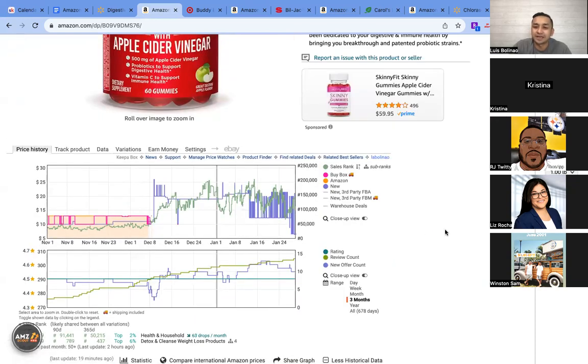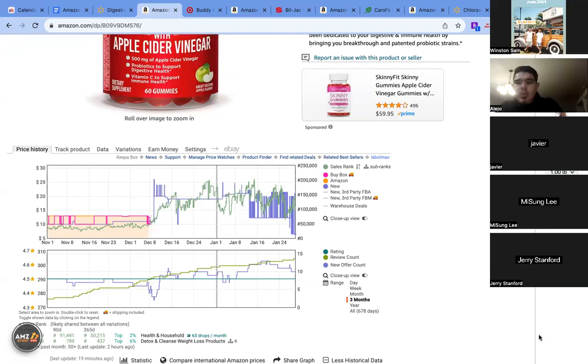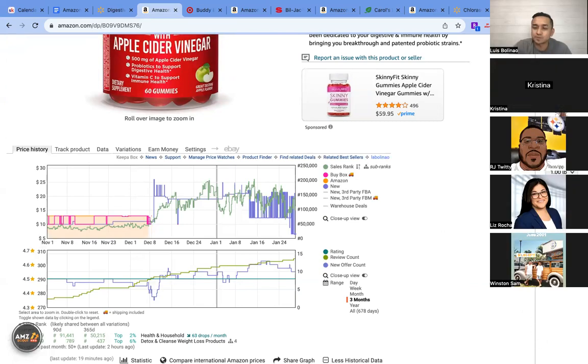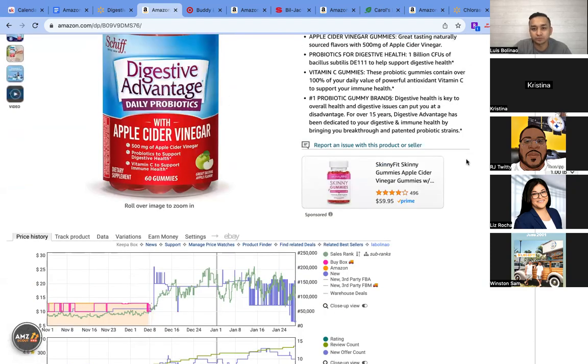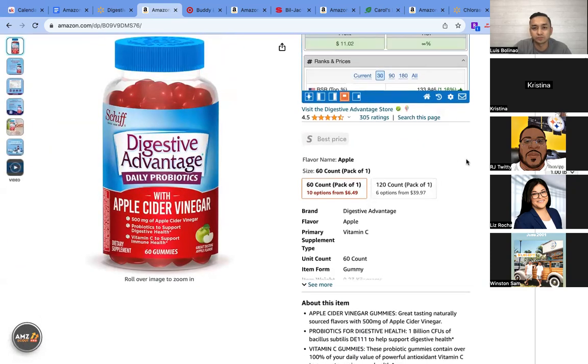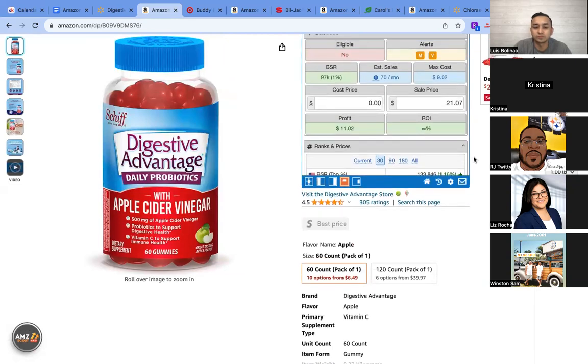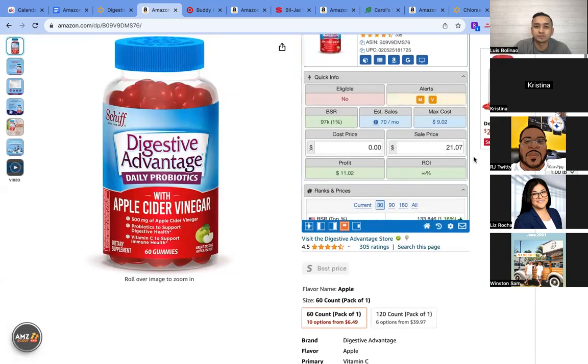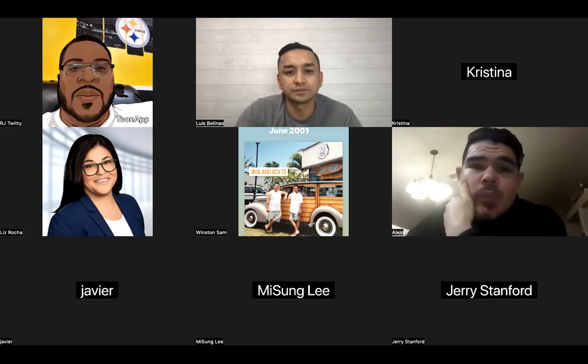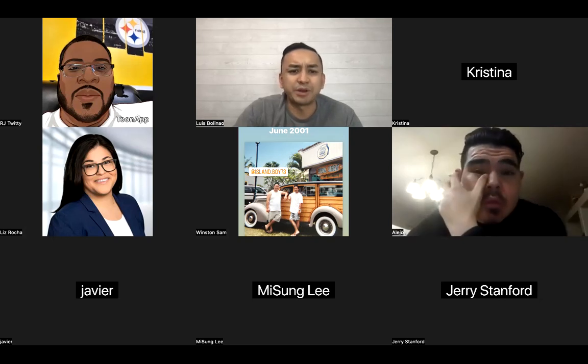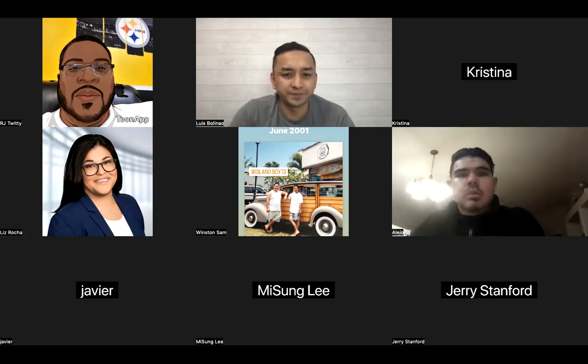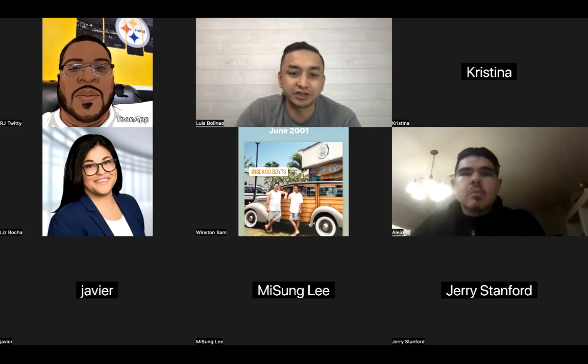Okay, I'll double check and see if it's still there. I'll log into my Keepa account because I haven't done that in over a year and see if I have a watered down version for free. Yeah, I probably downgraded to the free version, but it's good to get the paid one though.